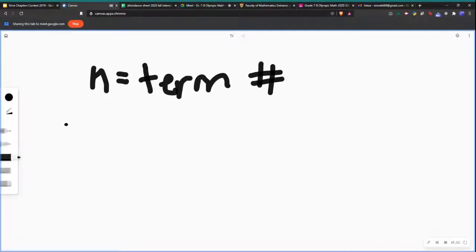Back to the canvas. We're trying to express the pattern in terms of n. How do we get each number, like 1, 7, 13, 19, in terms of n? I'll write down the pattern right here.